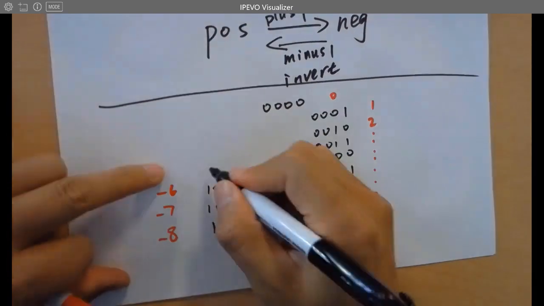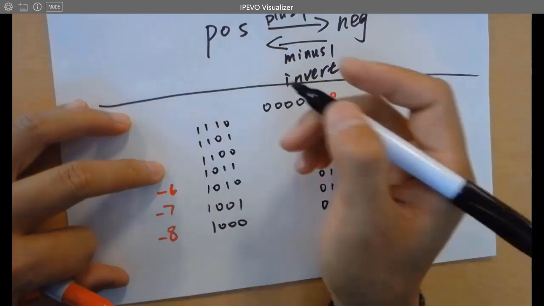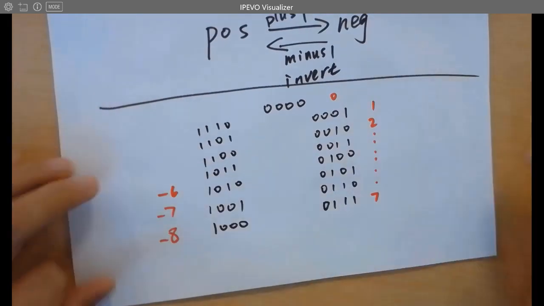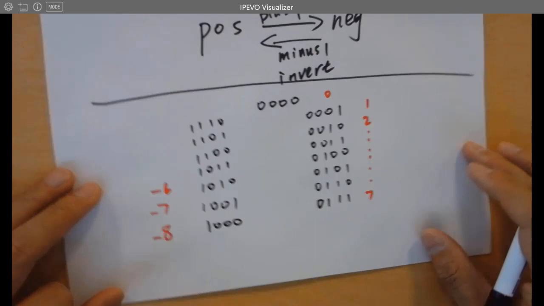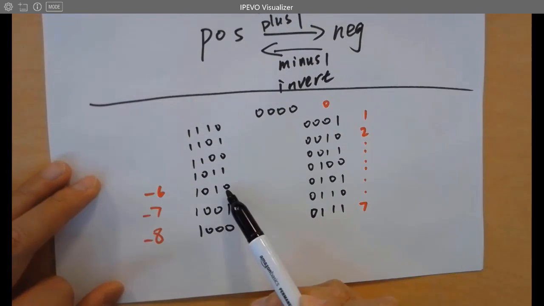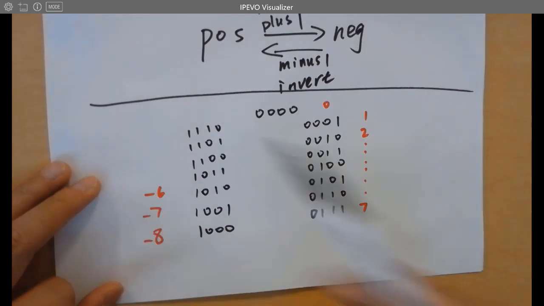I just keep going. 1, 0, 1, 1, then 1, 1, 0, 0, then 1, 1, 0, 1, then 1, 1, 1, 0. Is that right?